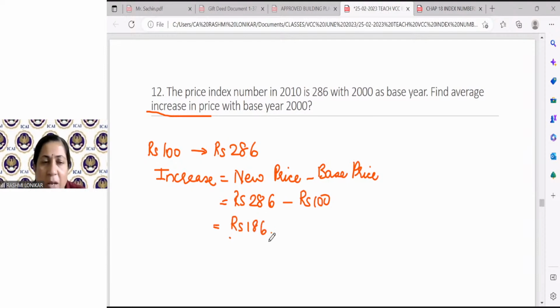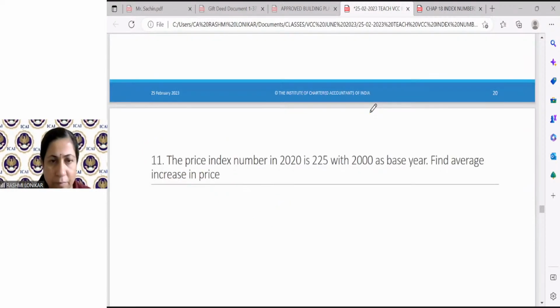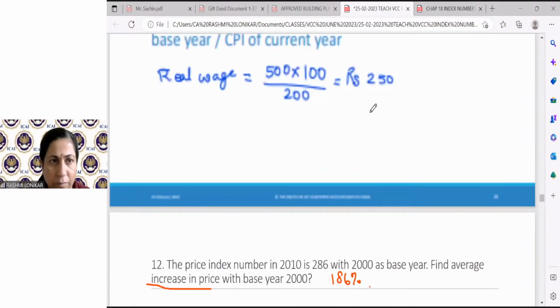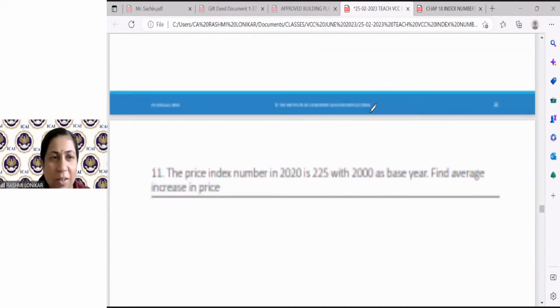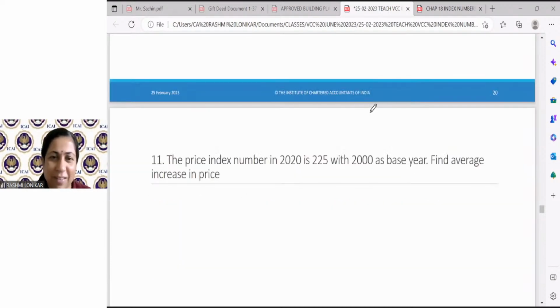So how much has the price increased by? 186. Okay. So this is 186%. Is that clear? Okay. I have written 12 first and 11 later. Okay.